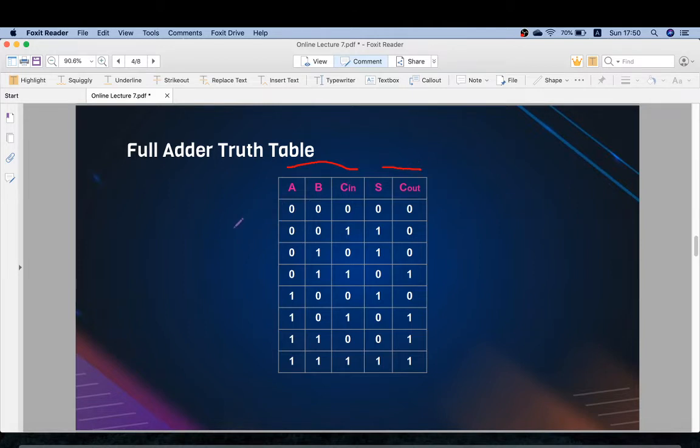So for the three variables, first of all we will make this truth table, that is this three variable truth table, and then we will make the output for S and C out or carry out.